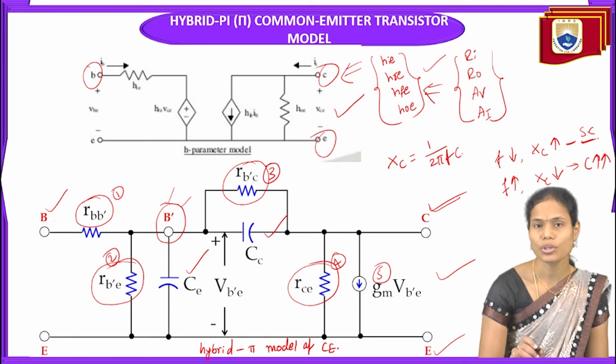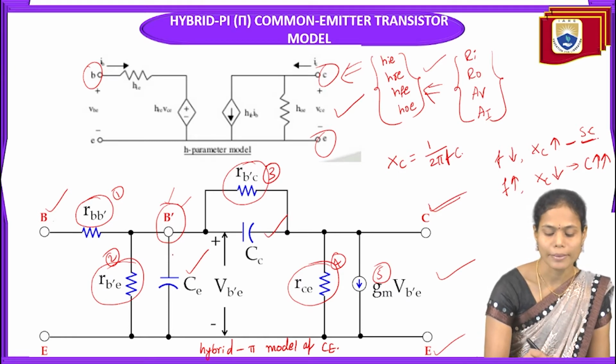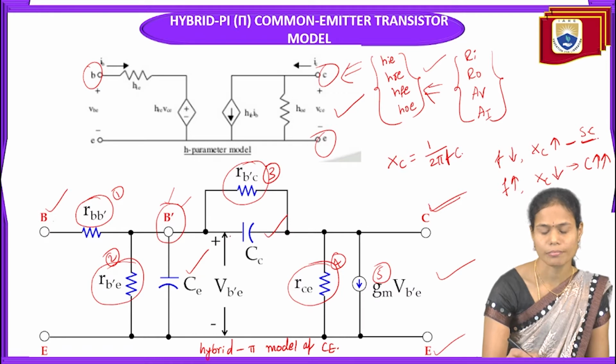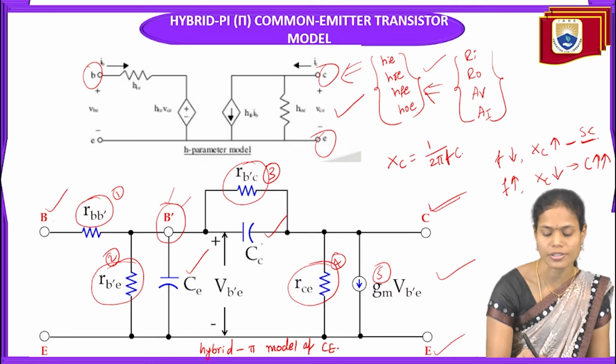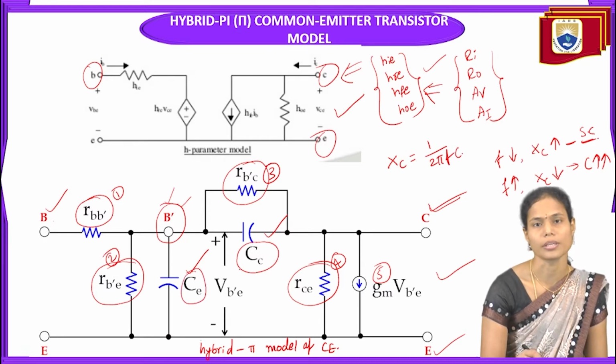So here we have two capacitors: between the base spread terminal and the collector, that is Cc, and between the base spread terminal and the emitter, one more capacitor, that is Ce.